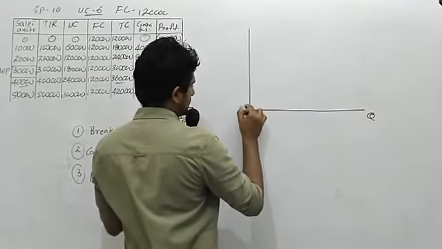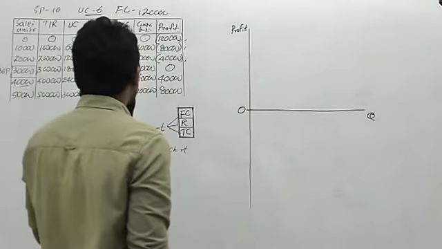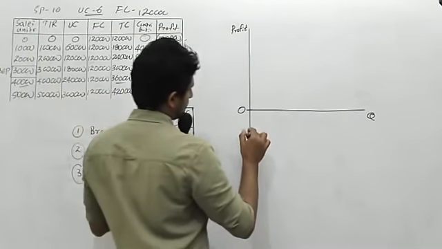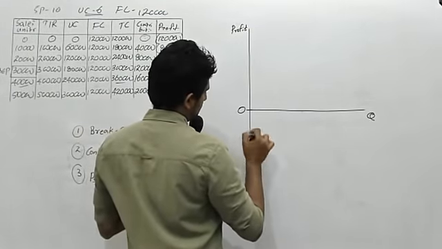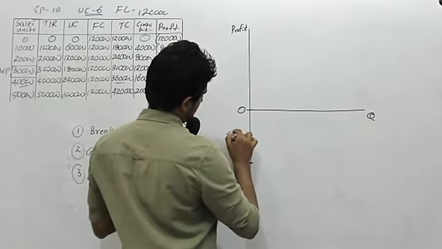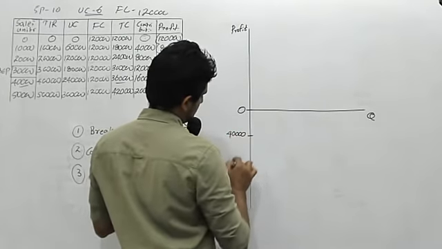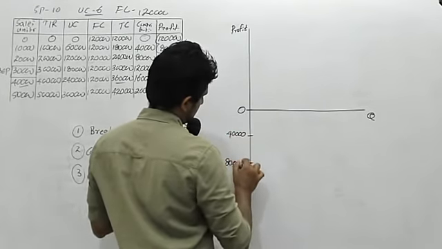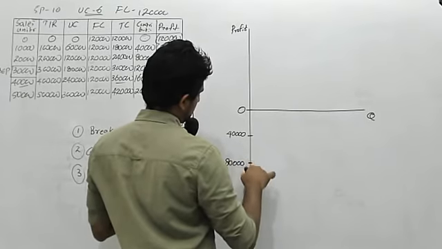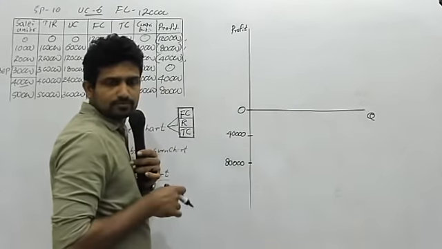This is the profit axis. In the profit axis, $40,000 and $80,000.